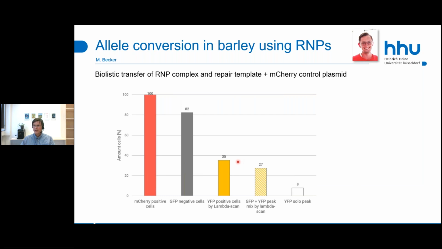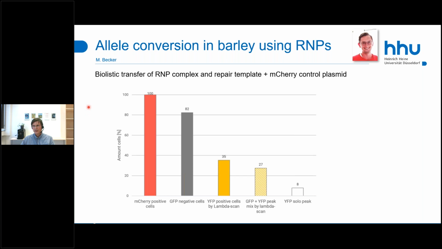And if we then quantify this, we usually use a co-transformed cherry plasmid as a control in order to normalize our data, because we used, as I told, GFP fluorescence. And of course, by the bombardment per se, we can also get non-functional cells.